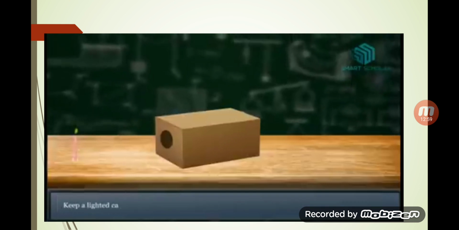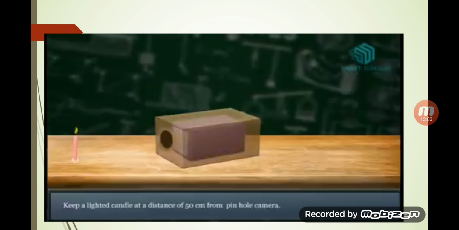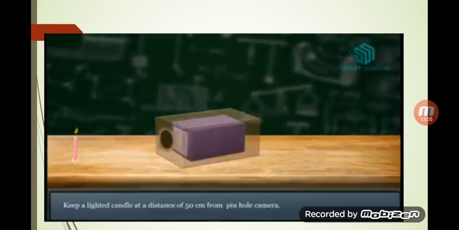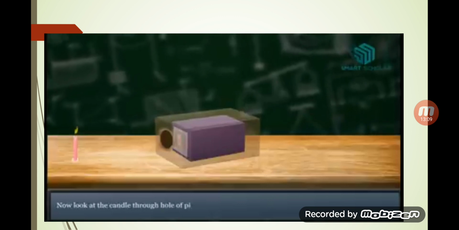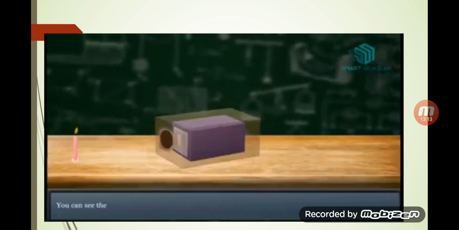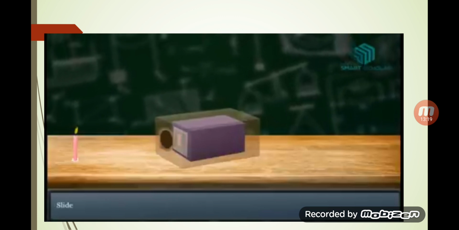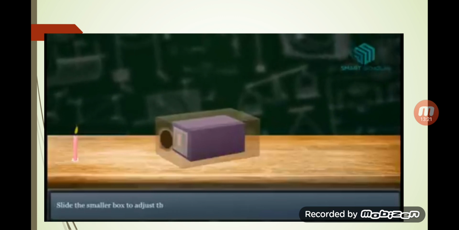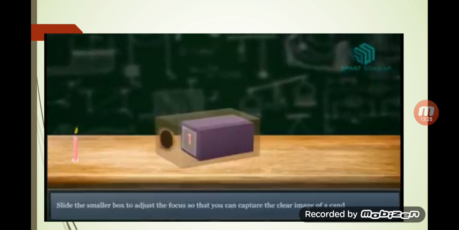Keep a lighted candle at a distance of 50 centimeters from the pinhole camera. Now, look at the candle through the hole of the pinhole camera. You can see the inverted image of the candle on the screen of the camera. Slide the smaller box to adjust the focus so that you can capture a clear image of the candle.